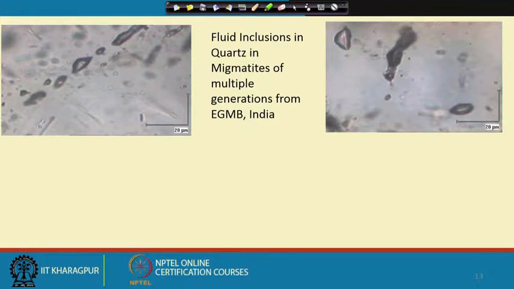And the smaller the inclusions, the more they tend to retain their regular shape, compared to the larger inclusions.